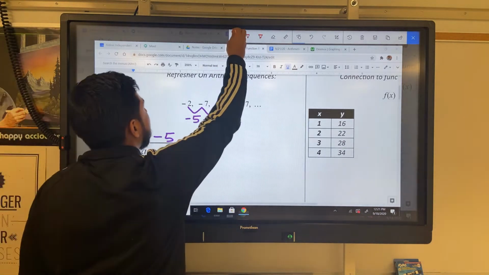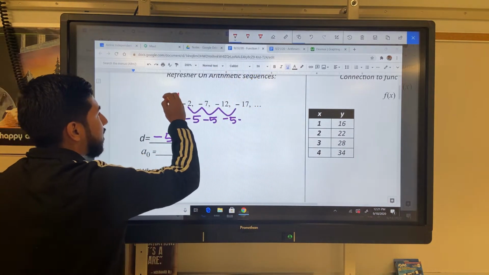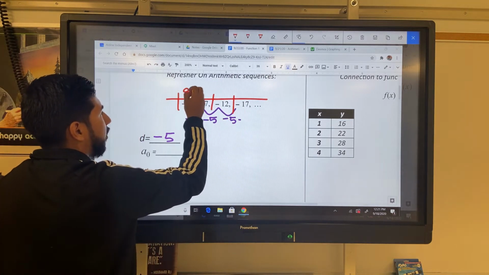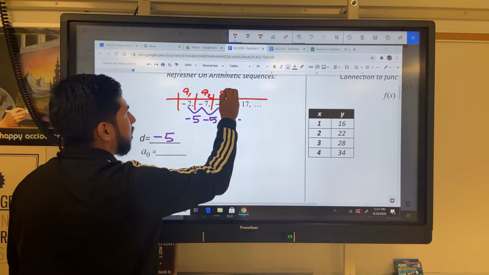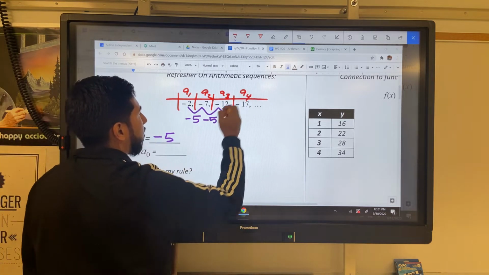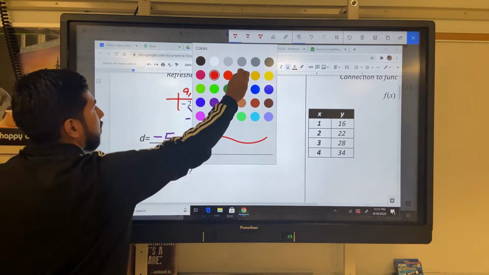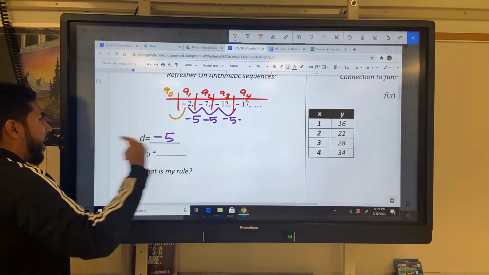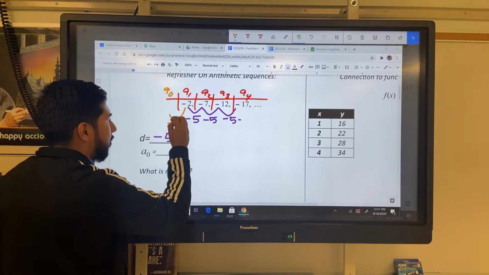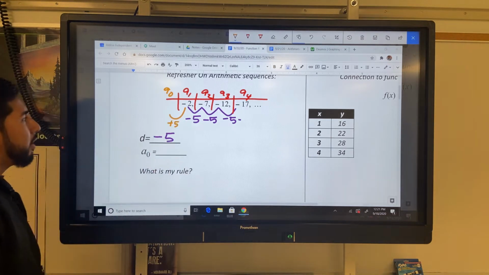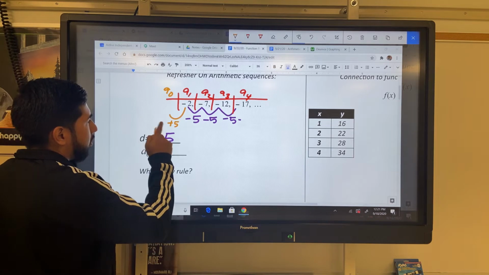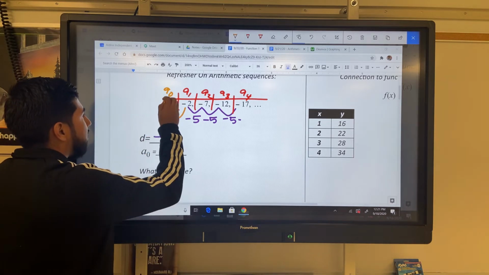How do we get the previous number? We make a table. This is A1, A2, A3, A4. You want to get A0, but I have to do what? You can't do -5, you gotta do +5. -2 plus 5 on the calculator just gives me a 3.